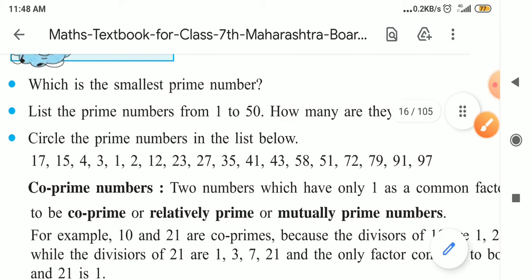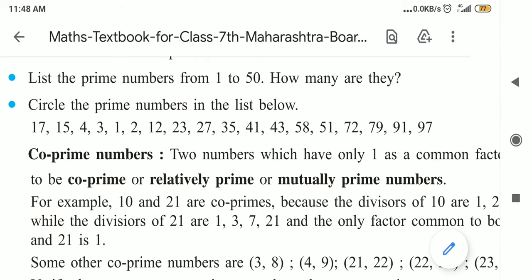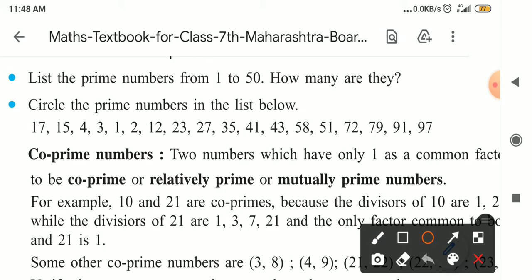Next question is to circle the prime numbers from below. Once you find the prime numbers from 1 to 100, this question is easy for you. So we have to circle the prime numbers. Which are the prime numbers here? 17, then 3. 1 is not a prime nor a composite number. Next number is 2, 23.